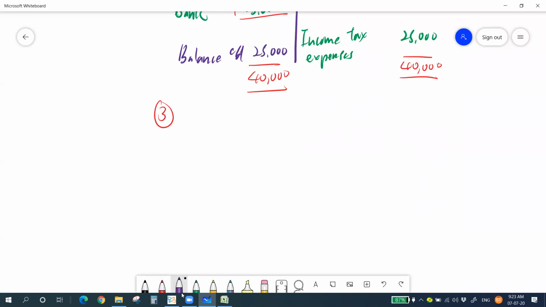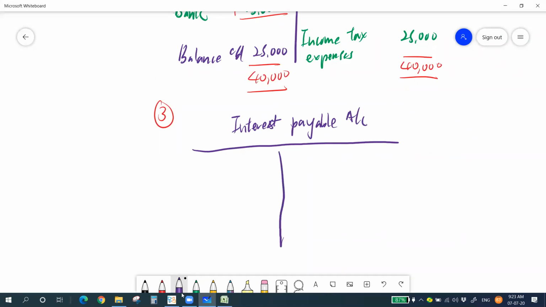So we draw the interest payable account. The interest payable account is our current liability. So we have balance BD on the credit and balance CD on the debit.